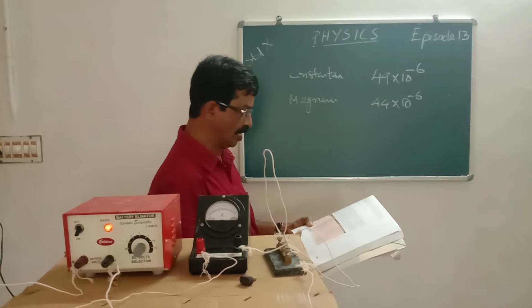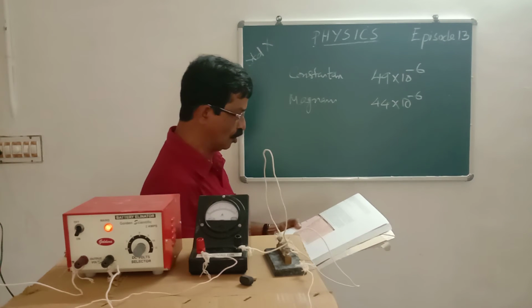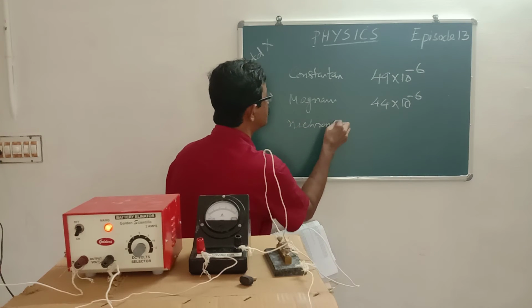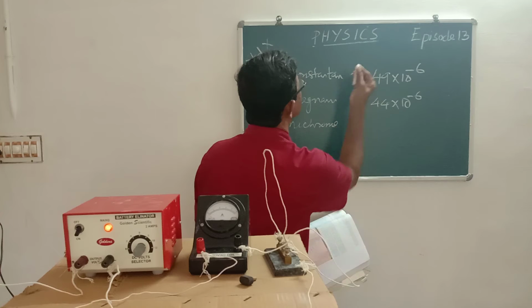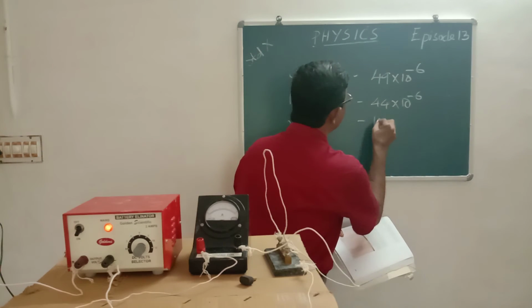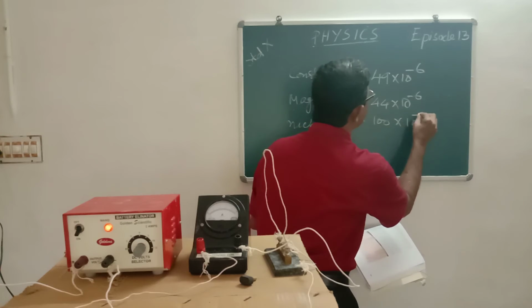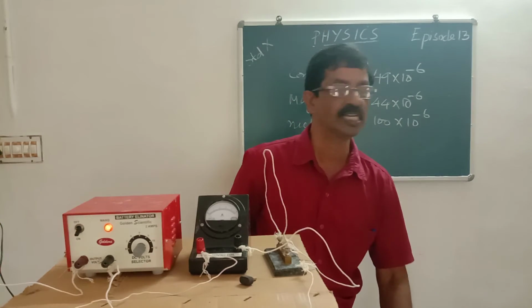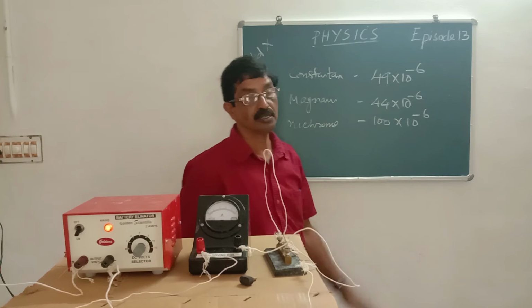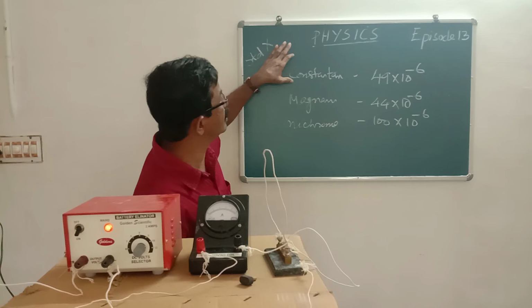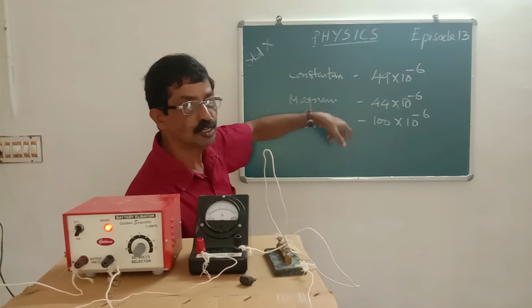And for nichrome, it is 100 into 10 raised to minus 6. For metals, resistivity is smaller compared to these alloys.